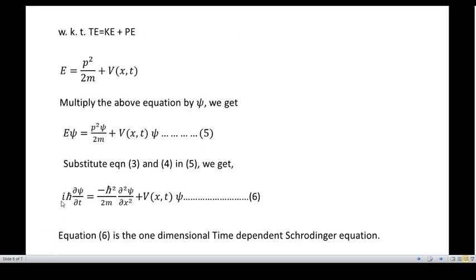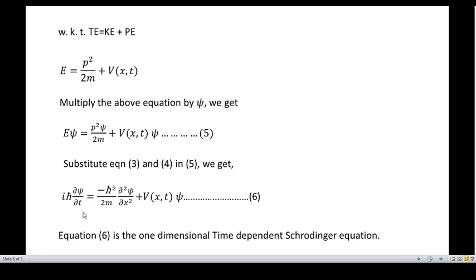You will get i h cross dou psi by dou t is equal to minus h cross square by 2m into dou square psi by dou x square plus V into psi. So this equation, that is equation 6, consists of the term time here on the left hand side. So therefore it is actually a one-dimensional time dependent Schrodinger equation.